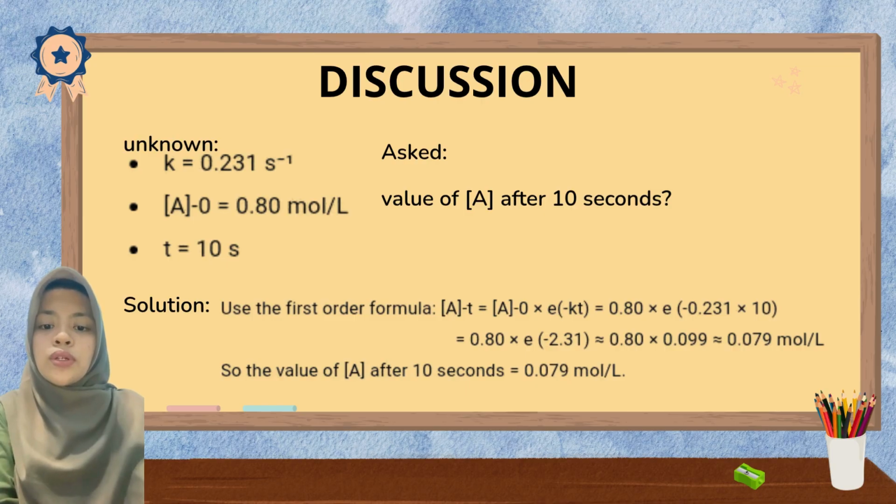Now we approximate e to the power of negative 2.31. e to the power of minus 2.31 is approximately 0.099. Then we multiply 0.80 times 0.099, which equals approximately 0.079 molar.